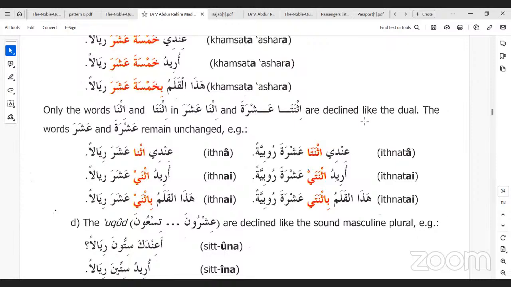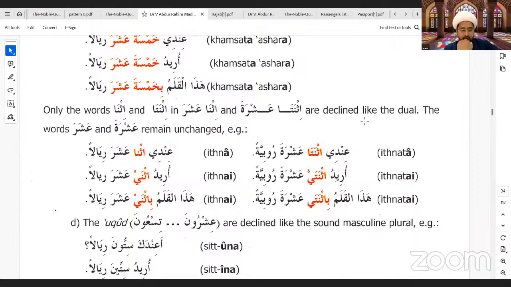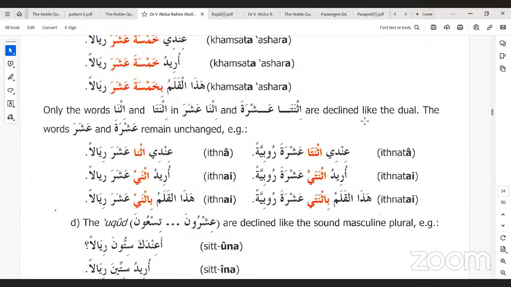Example, in the ithna ashara rialan, I have 12 riyals. In the ithnata asharata rubiyatan, I have 12 rupees. This is feminine, so that's why it's coming with ta marbuta.